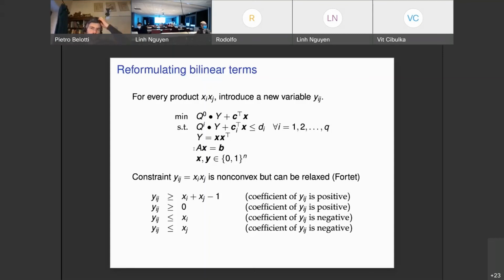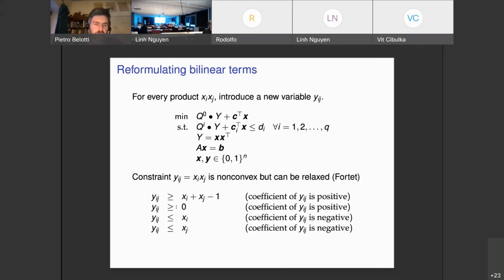What we could do here is, well, this is a non-convex constraint. We don't like it. A technique for the general nonlinear case is due to McCormick, but I think in the binary case, for logical relationships, it was also introduced by Fortet. And it's the following: if yij must be equal to xi times xj, then we can say yij must be greater than or equal to xi plus xj minus 1.